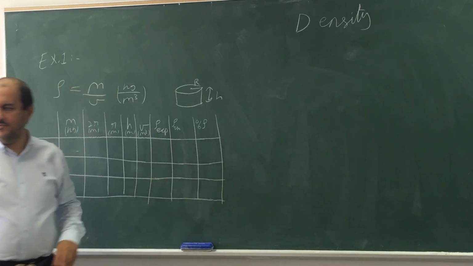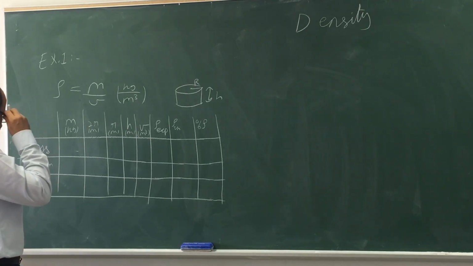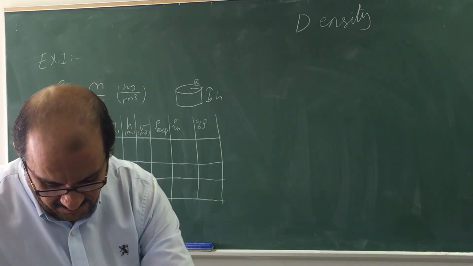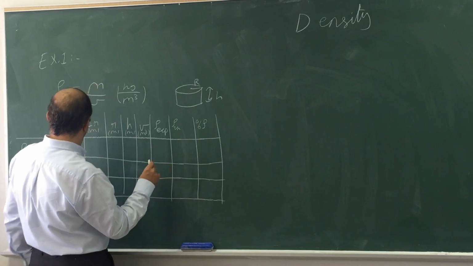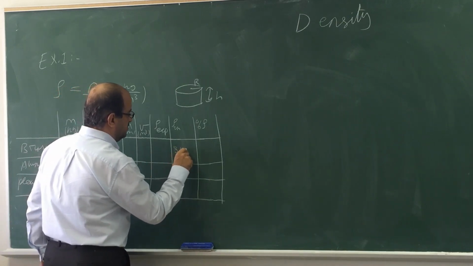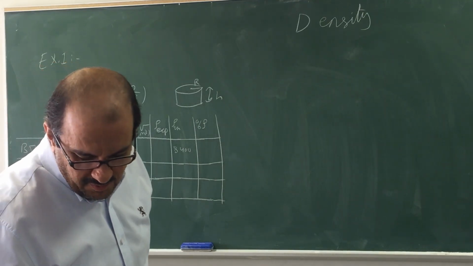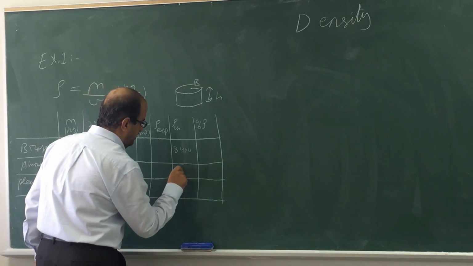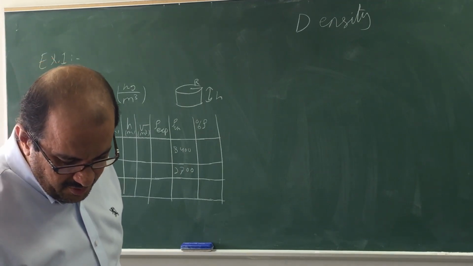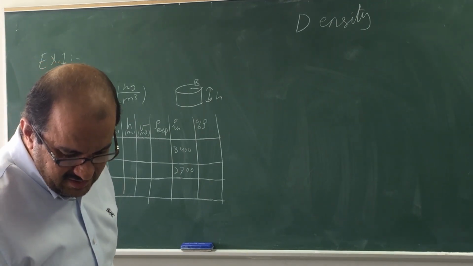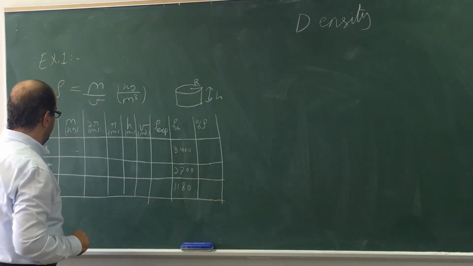Now, about the densities for these objects: the density of brass is 8,400 kilogram per cubic meter, for the aluminum it is 2,700 kilogram per cubic meter, and for the plexiglass it is 1,180 kilogram per cubic meter.